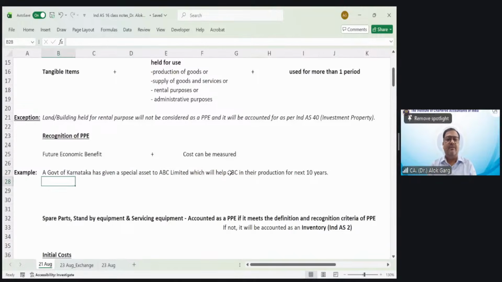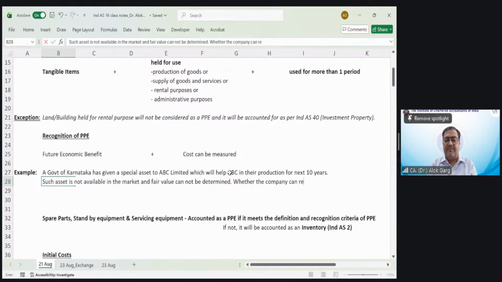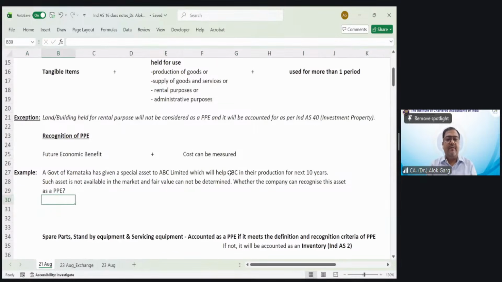Now, such an asset is not available in the market, and fair value cannot be determined. Whether the company can recognize this asset as a PPE, बताइए करेंगे नहीं, why?